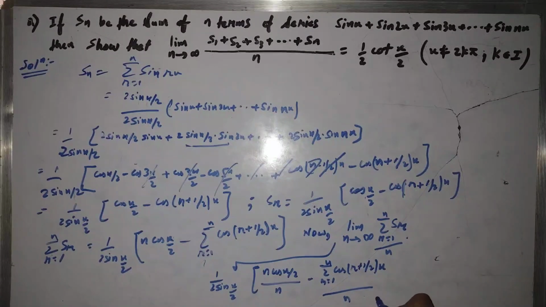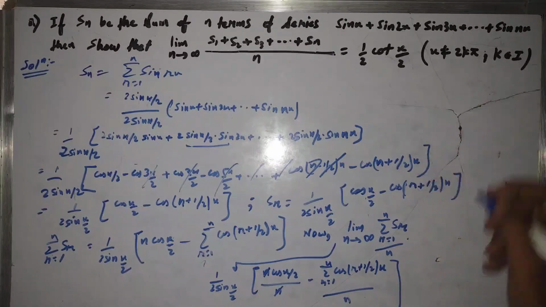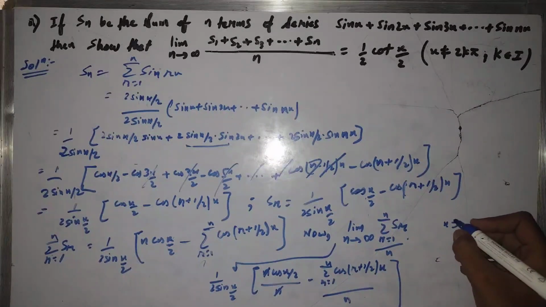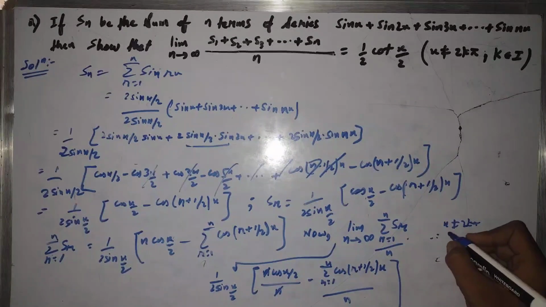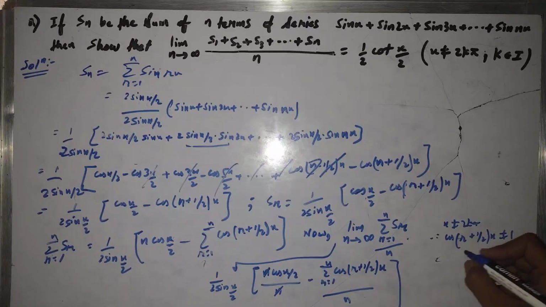We can see that this n and this n get cancelled. Since it is given in the question that x does not belong to 2k pi, cos of r plus half into x is not equal to 1, and this thing is less than 1.